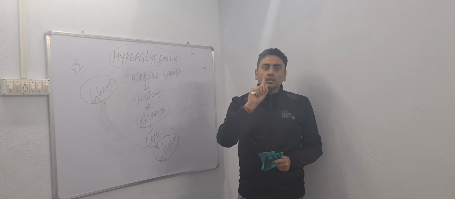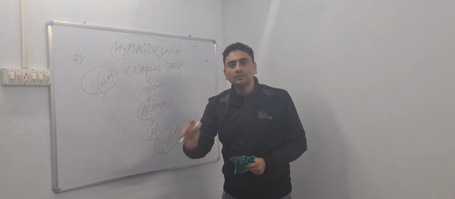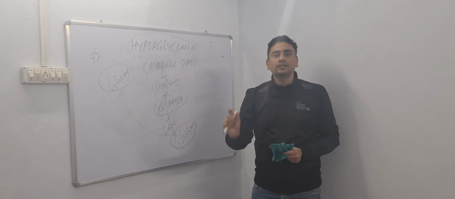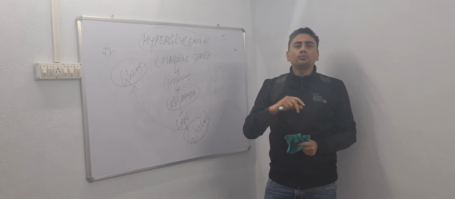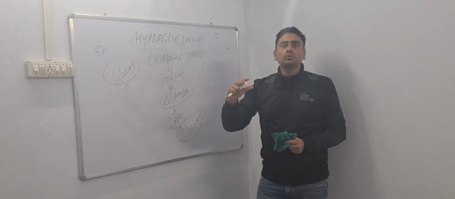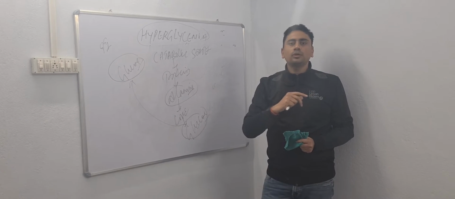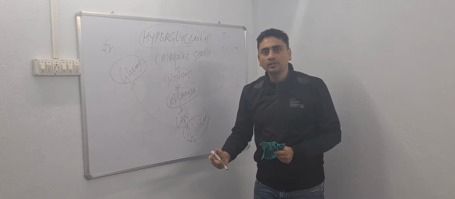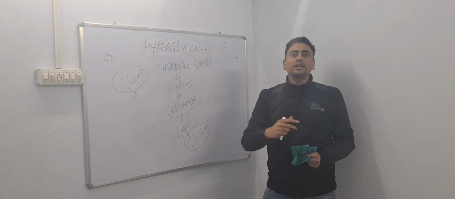The first point being, there is a decreased utilization of glucose by peripheral tissues like skeletal muscle, cardiac tissue or adipocytes due to GLUT4 inactivation, because GLUT4 is not working properly, and GLUT4 is an insulin dependent glucose transporter which requires insulin for its activation, and for uptake of glucose.